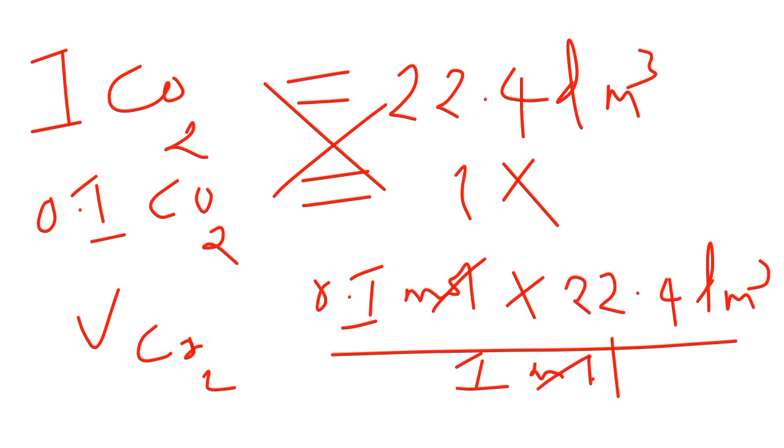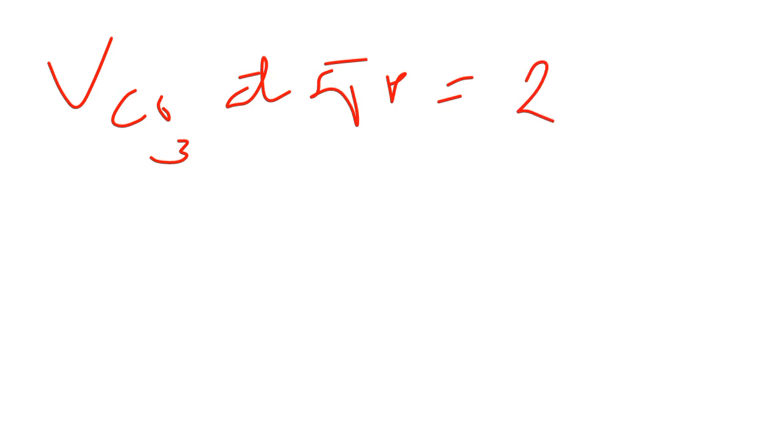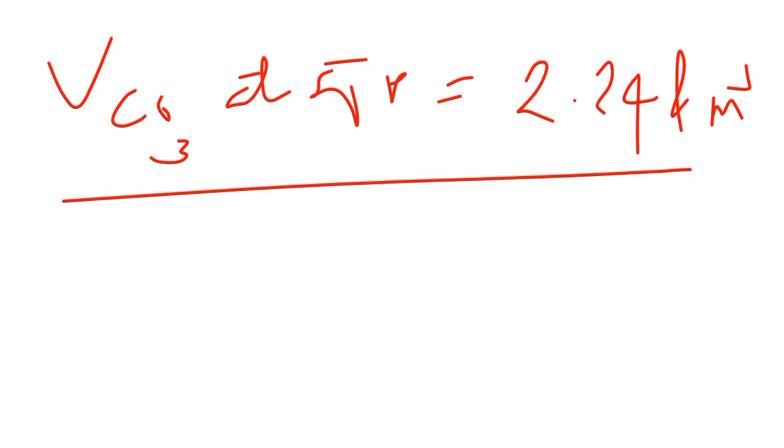From the calculator, 0.1 multiplied by 22.4 gives the answer: the volume of carbon dioxide at STP is equal to 2.24 decimeter cubed.